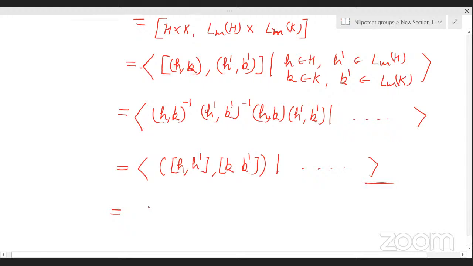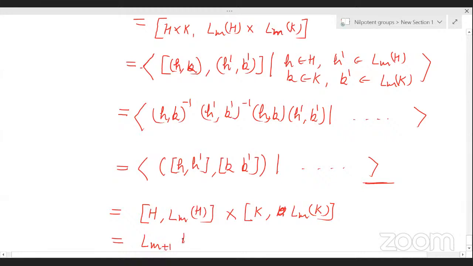So it simply means that you may write it as the commutator of H and L_m H, the first component coming from it, and cross the commutator of K and L_m K. So this is nothing but L_{m+1} H cross L_{m+1} K.